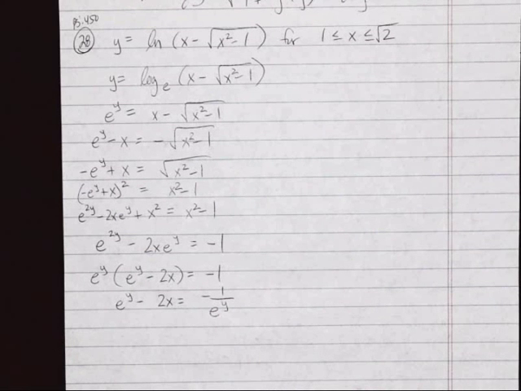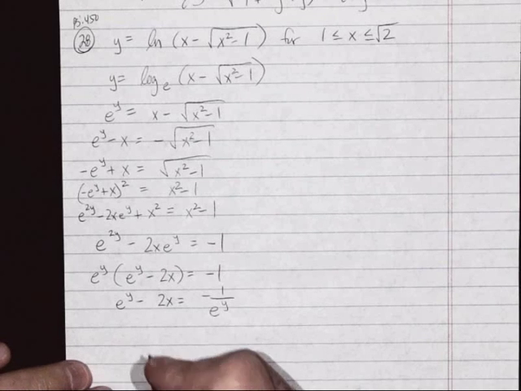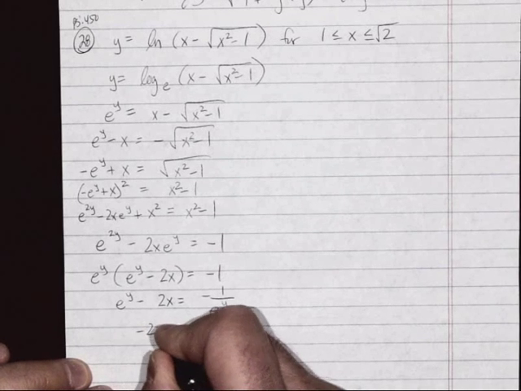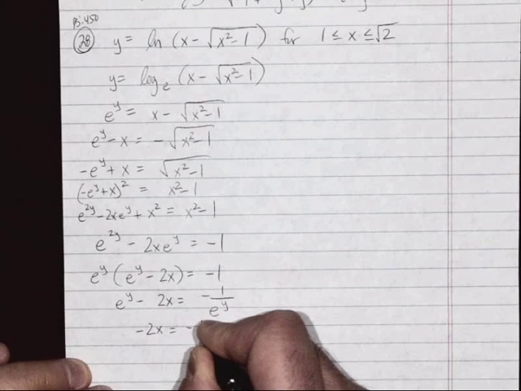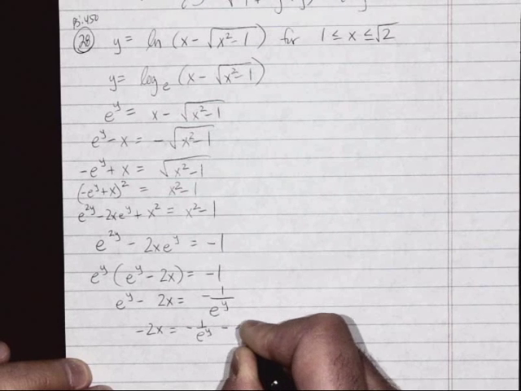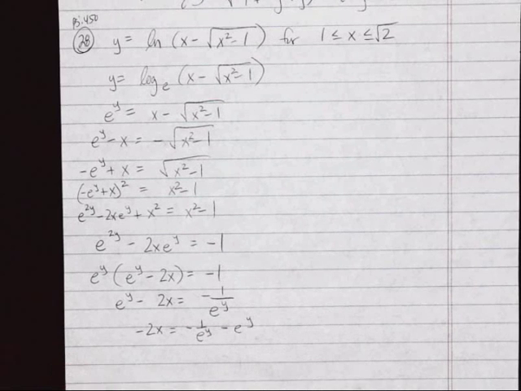Subtract the e to the y. So I'm basically just trying to isolate x here. That's my thought process. And then I want to get rid of the negative 2, so I can times by negative 1/2.